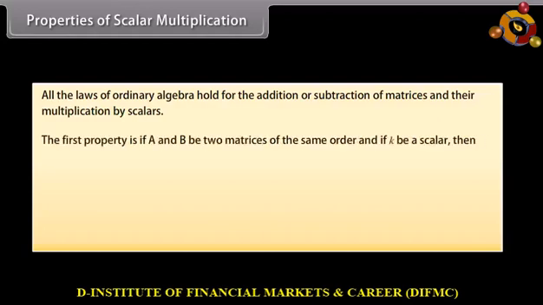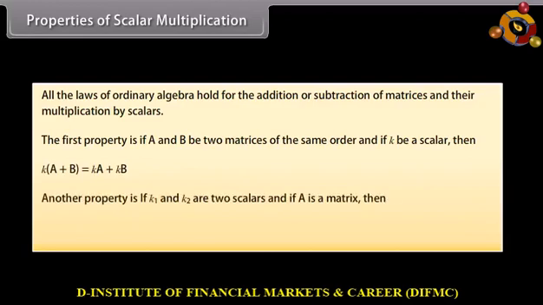The first property is, if A and B are two matrices of the same order and K is a scalar, then K times A plus B is equal to K times A plus K times B. Another property is, if K1 and K2 are two scalars and A is a matrix, then K1 plus K2 times A is equal to K1 times A plus K2 times A, and K1 times K2A is equal to K2 times K1A.